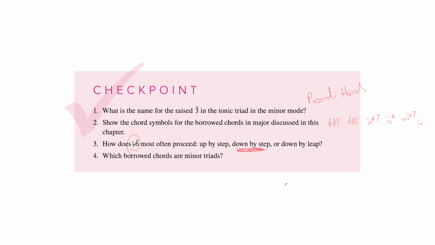For example, in C major, if you see A flat, it will go to G. This is the conventional usage. Which borrowed chords are minor triads? For example, the borrowed 4th degree, borrowed 1, and I think that's all.